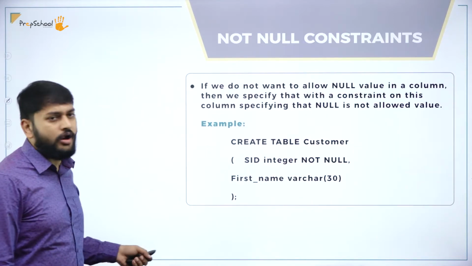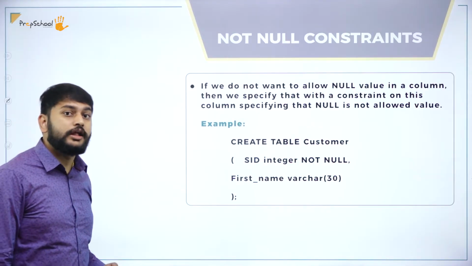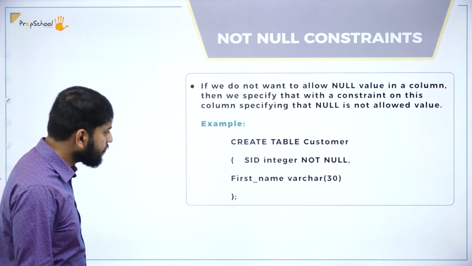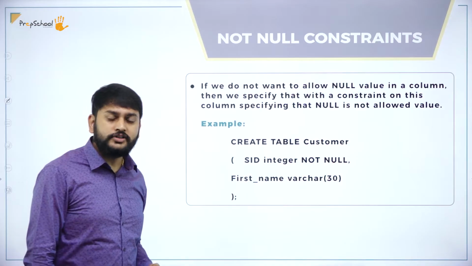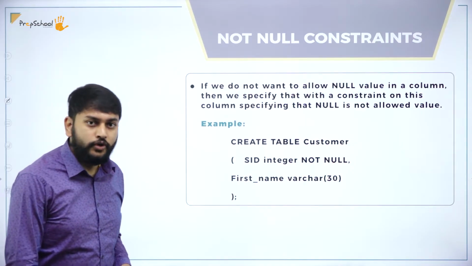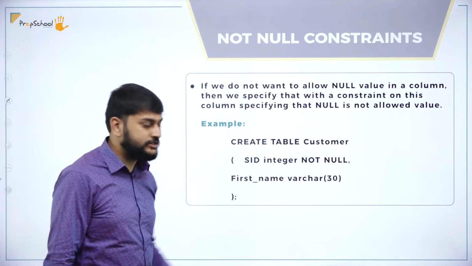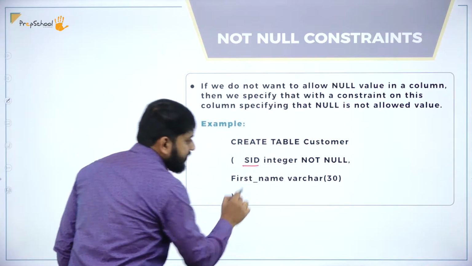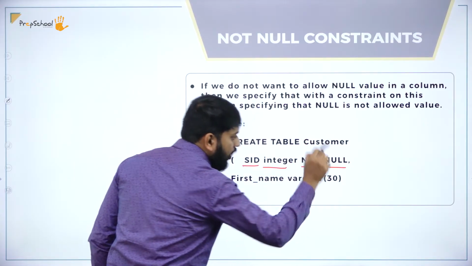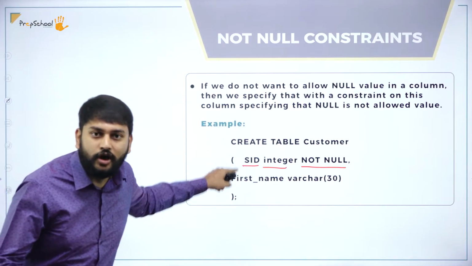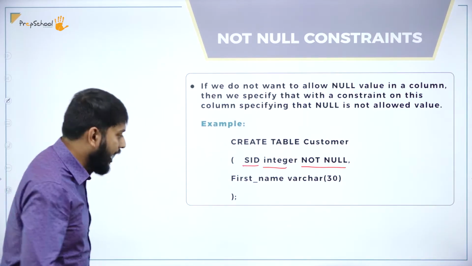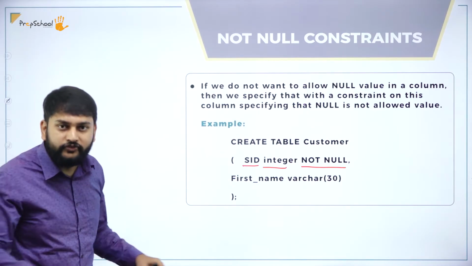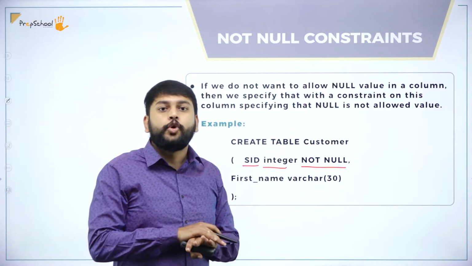Moving on to the next one, not null constraint. So guys, why do we give the not null constraint? That I have already told you. This is the column name that I have, SID, this is the data type, and I am specifying not null. So in this column you cannot leave any row empty.